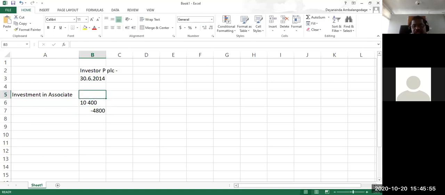Can you remember the initial investment of the business? That was 122,400.